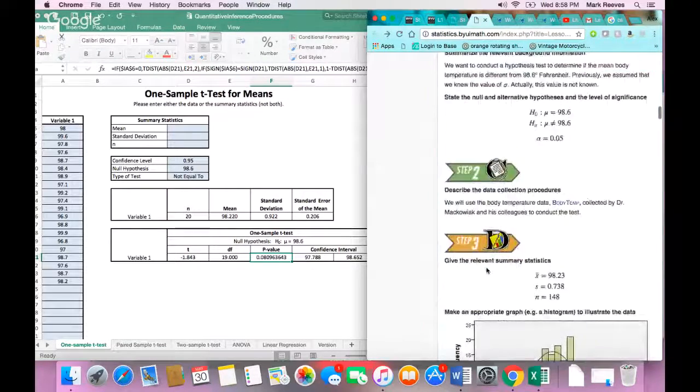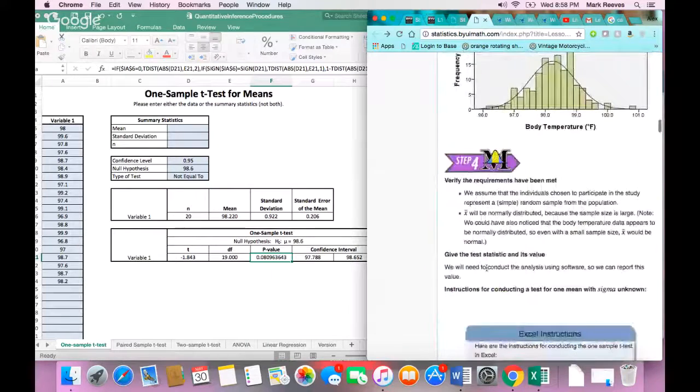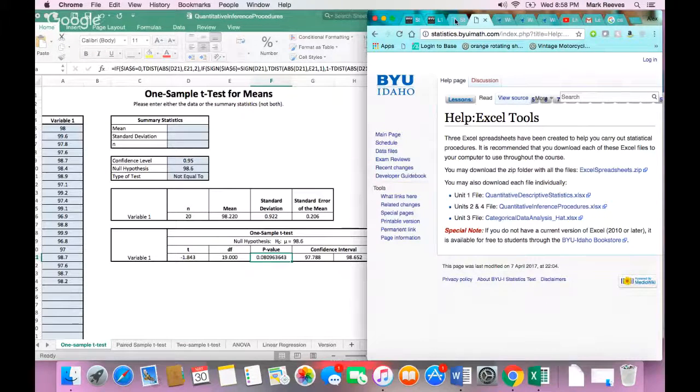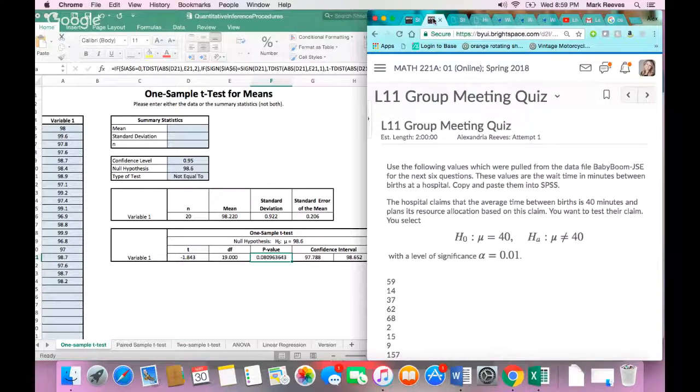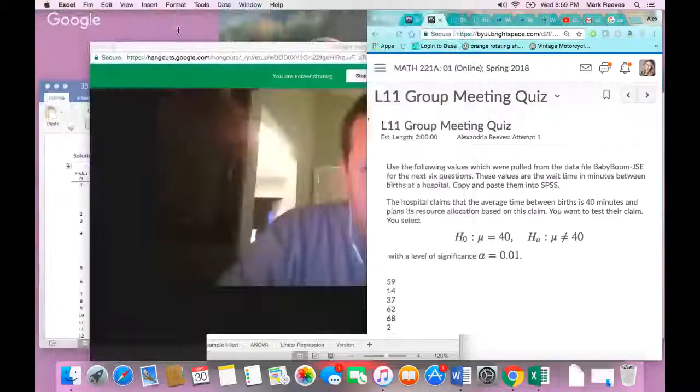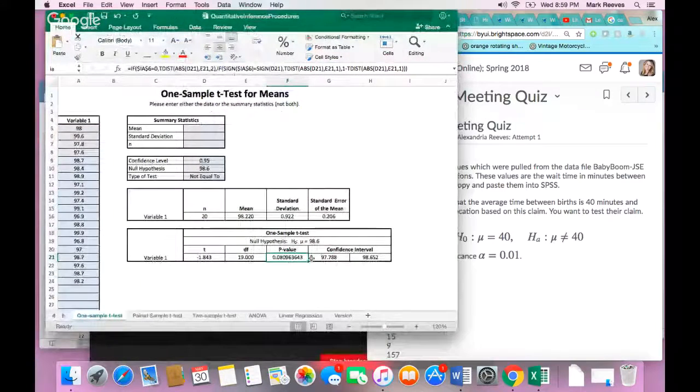This next question, we have to use this thing again, and it says that it exists in a spreadsheet, and I'm like, I'm not seeing another spreadsheet. I think you're lying. Well, that baby boom JSE probably exists in that one folder that has all the downloadable data. I looked, it's not there. Oh, it's not. Okay. Or at least it's not in the same place that the quantitative inference one is.